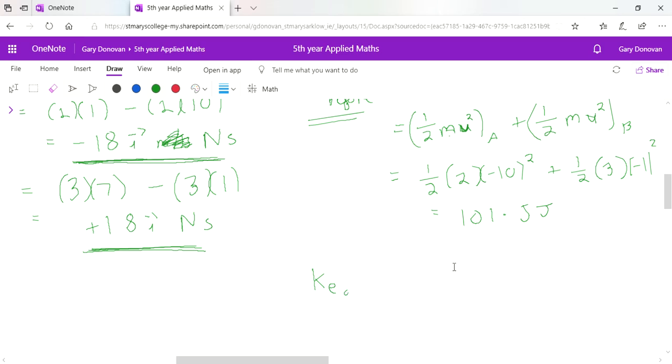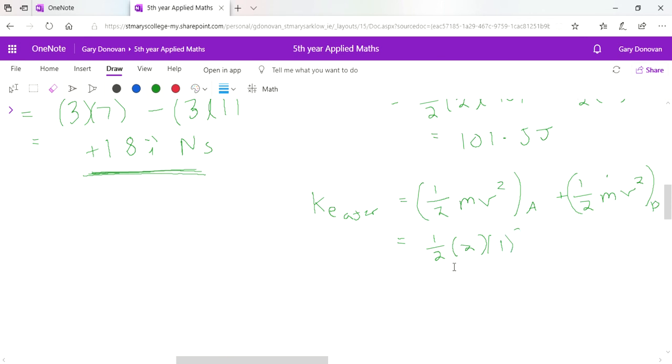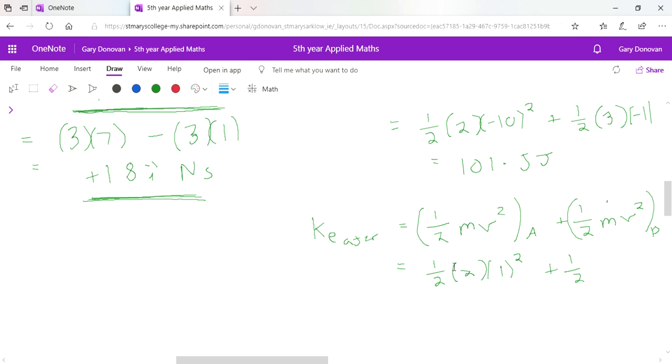Then you find the kinetic energy after, and it's exactly the same, but this time it's half mv squared for A plus a half mv squared for B. So that's a half, the mass of A, which is 2, the final velocity of A, which is 1, squared, plus a half, B was 3, and its final velocity was 7 squared.